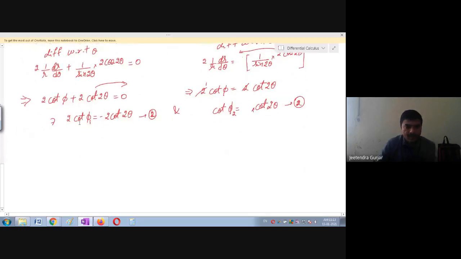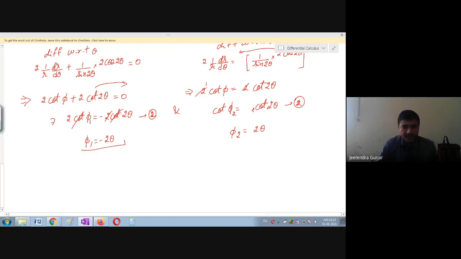Is it clear? Now 2 will get cancelled, therefore phi also will get cancelled. So phi 1 is equal to minus 2 theta, and phi 2 is equal to 2 theta. Is it clear, students? Any doubt, please ask me.